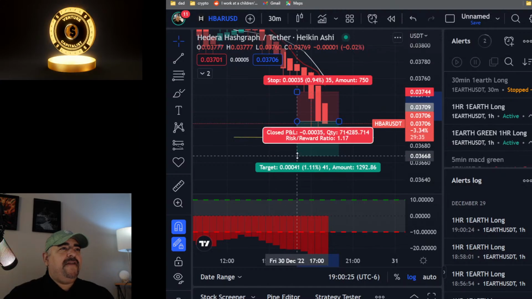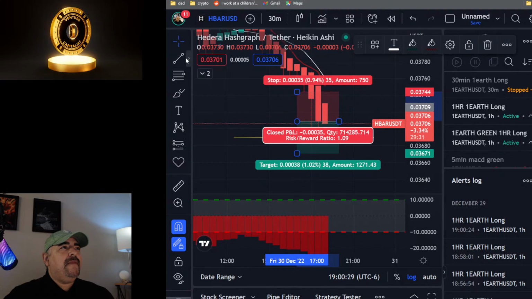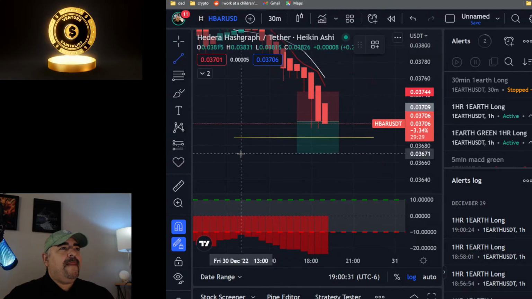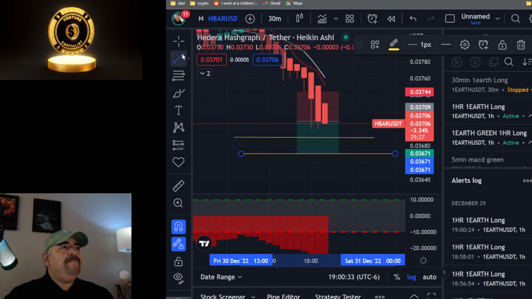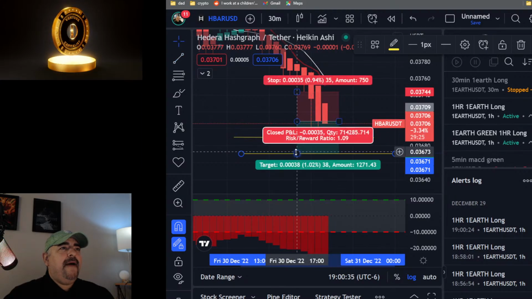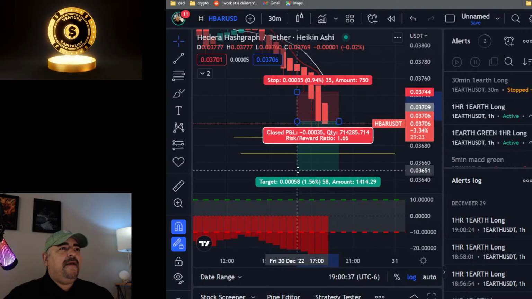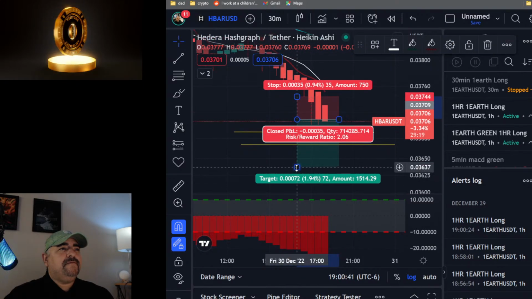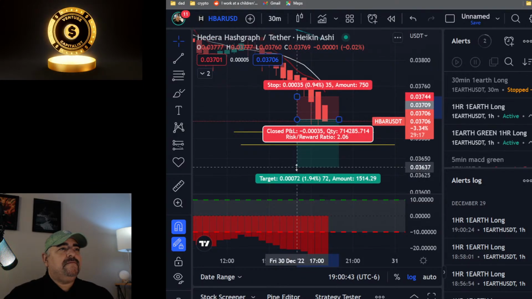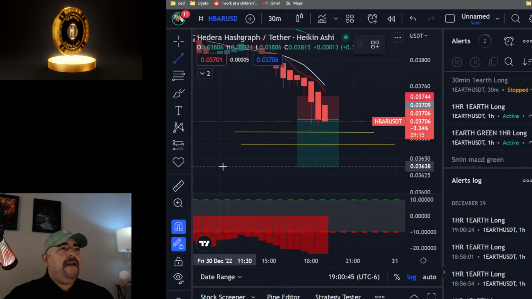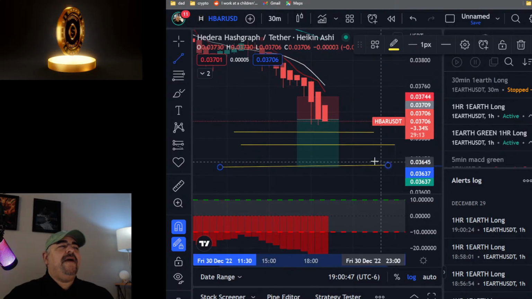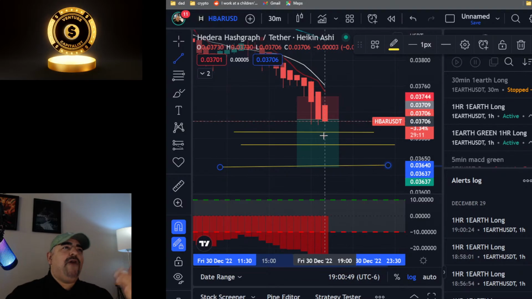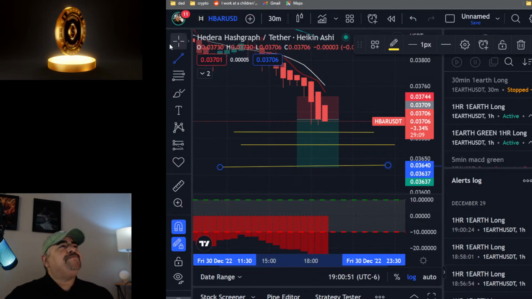Then the next one is I need a 1% move right here, and then I want my 2% move right here. So those are my three levels of stop losses to take profit, okay?